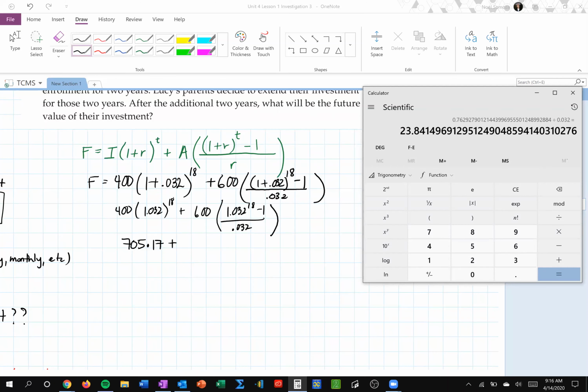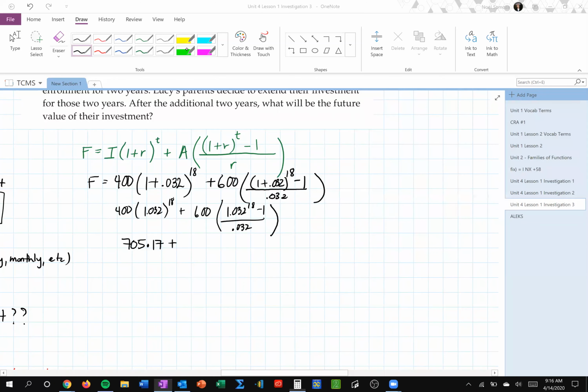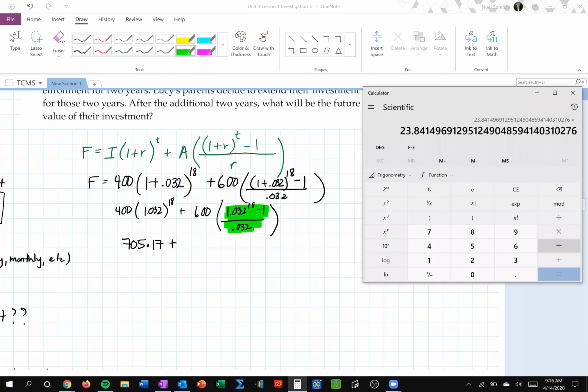Okay, so it looks like 23.84, right? Now that is the value for everything that is considered inside of the parentheses. So finally, now we just multiply that by 600. And then that tells us there 14,304 with, we'll call that 89. We'll round it up to 0.90.